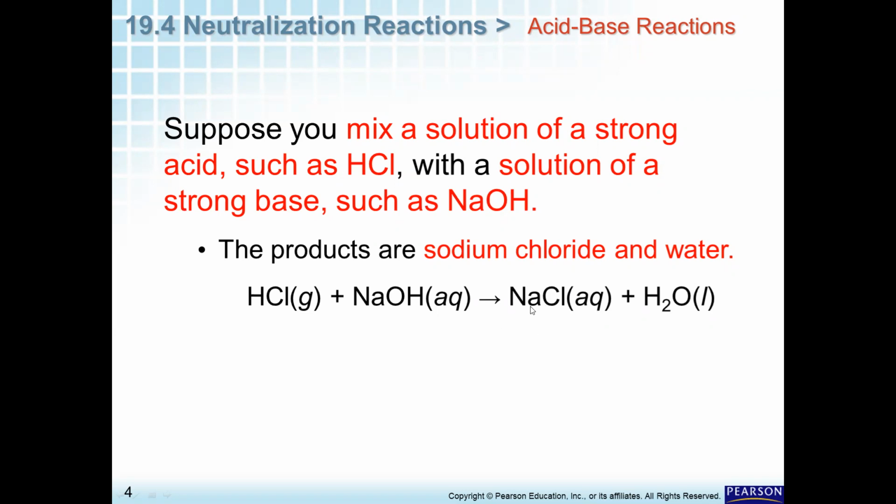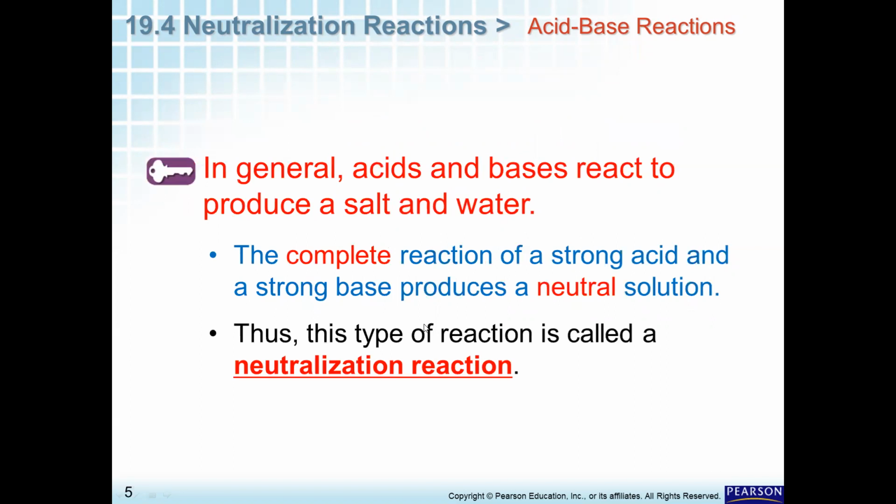People sometimes misunderstand the word salt. Salt is any ionic compound with positive and negative ions. But in regular life we also use the word salt for sodium chloride specifically, which is table salt. In general, when an acid reacts with a base to produce salt and water, we call that reaction a neutralization.